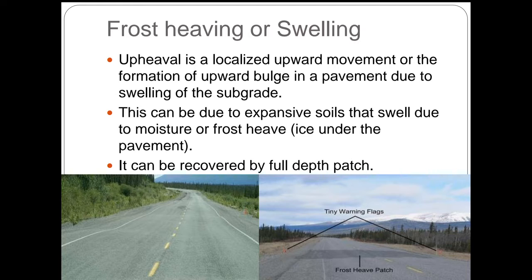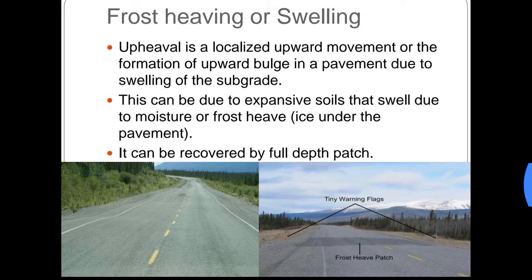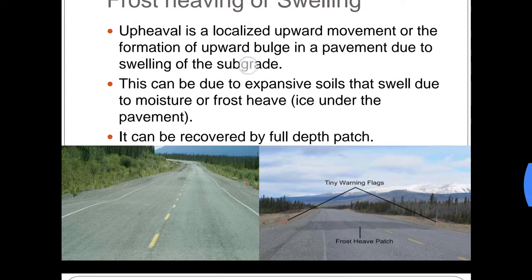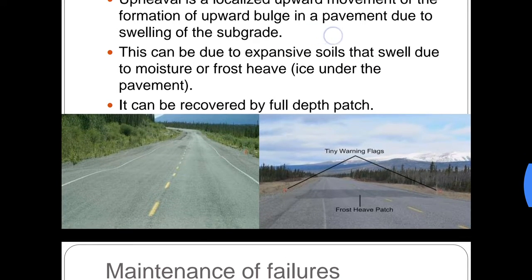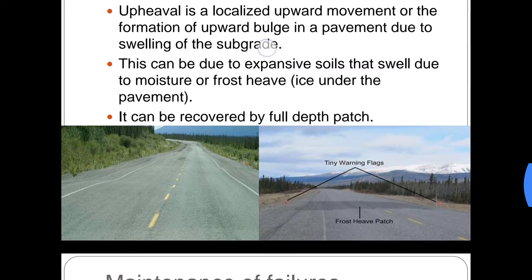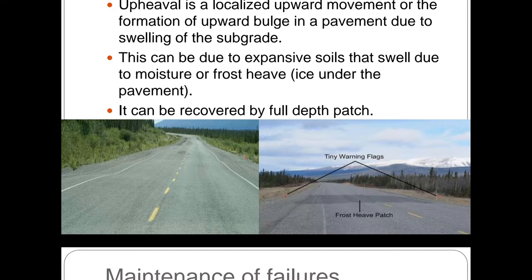Upheaval is a localized upward movement, the formation of an upward bulge in a pavement due to swelling of the subgrade. Water comes into the subgrade and if it swells due to formation of ice, then it would be seen on the top surface as well. That is known as upheaval.